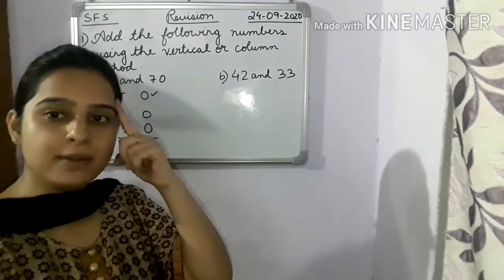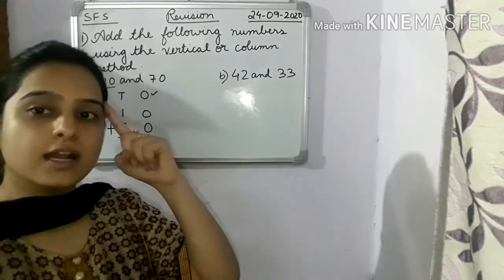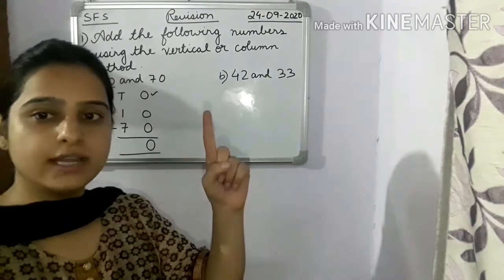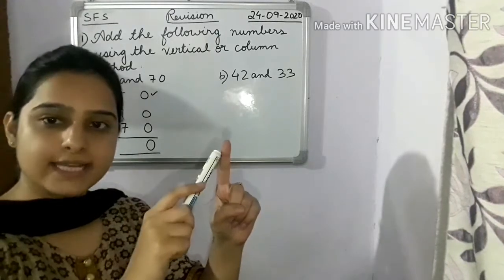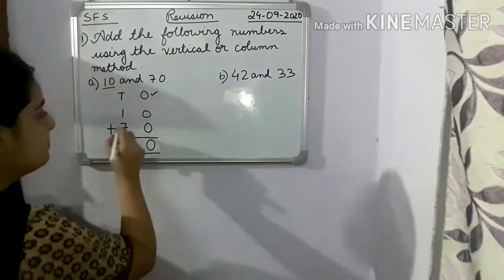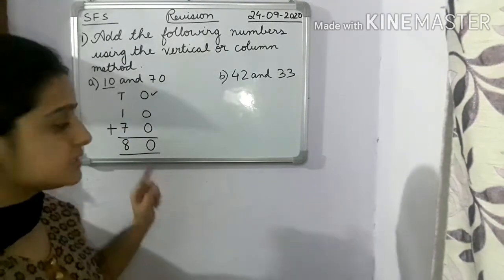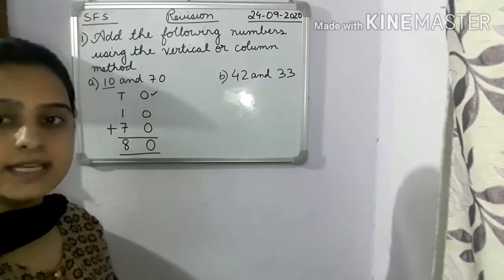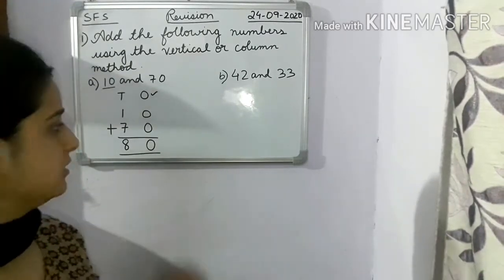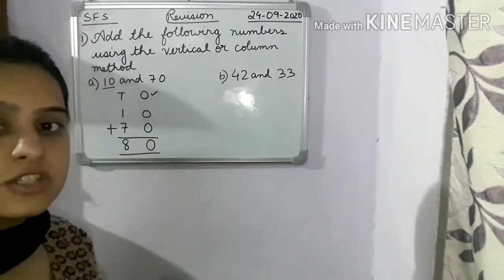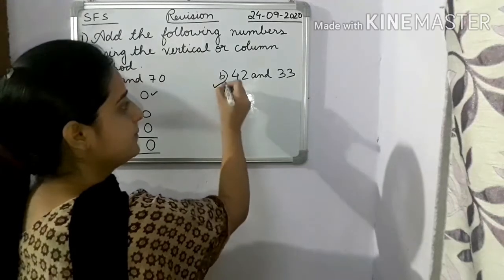Keep the bigger number in mind. 7 in mind. Open one finger. Count after 7, children. After 7 what comes? 8. So 7 plus 1 is 8. The sum is 80. That means the answer is 80. Do it in your copy, children. Try yourself first.